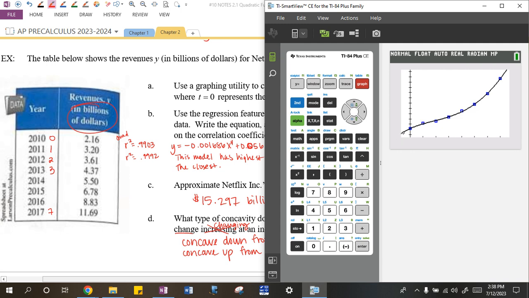If a graph is concave down, the slopes should be decreasing. And let's just check that. So we've got these positive slopes and they're sort of zeroing out. When you switch concavity, you get a slope close to zero and then it starts to get steeper again.